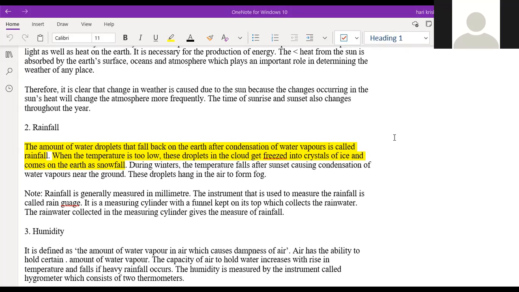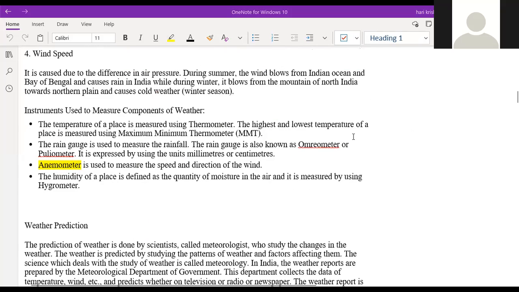When the temperature is too low, the droplets in the cloud get... I'm asking for the general definition, I don't want the exact definition.